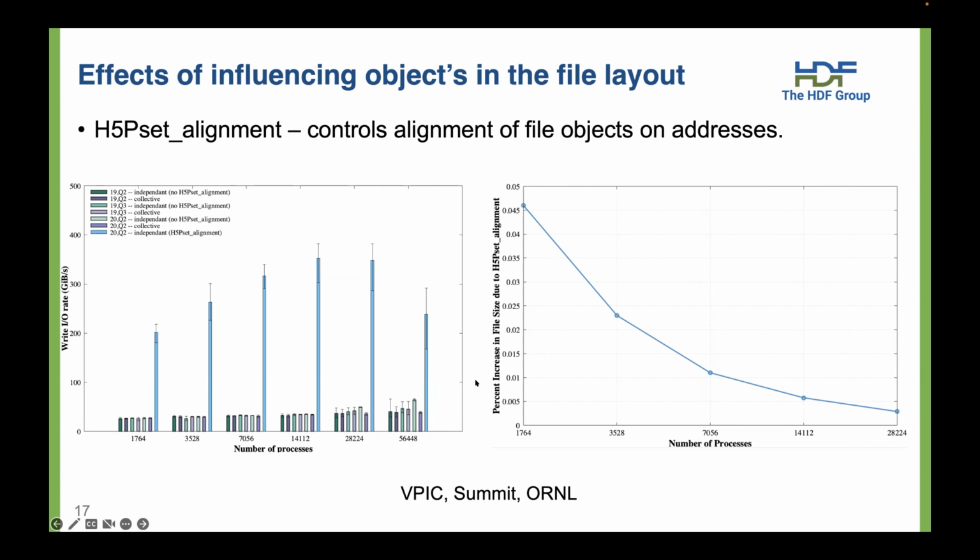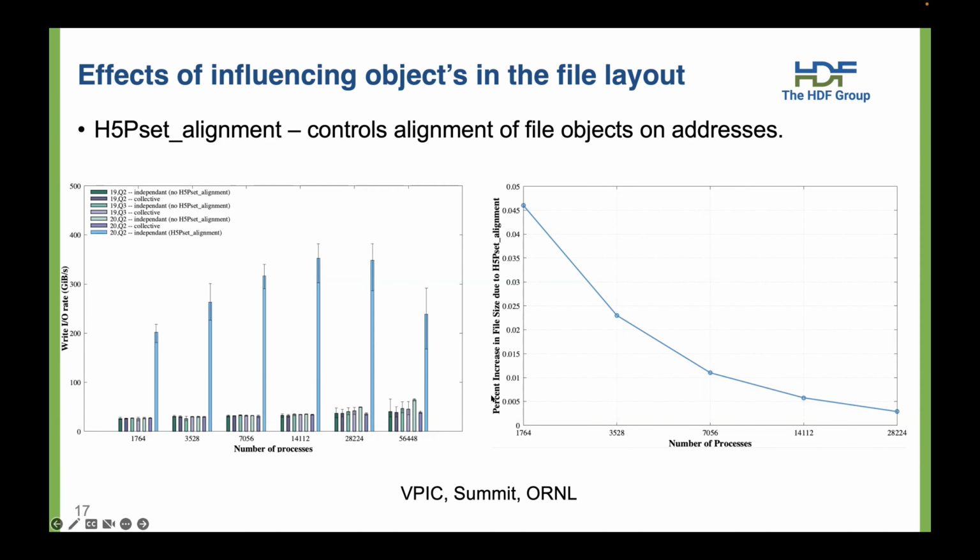One issue that you can have if you align all your objects, and you can set a minimum threshold for that, is that if you're chunking your data set, then each of those chunks is going to be aligned. If those chunks are not a multiple of that alignment, then you could really start to increase the size of your file.